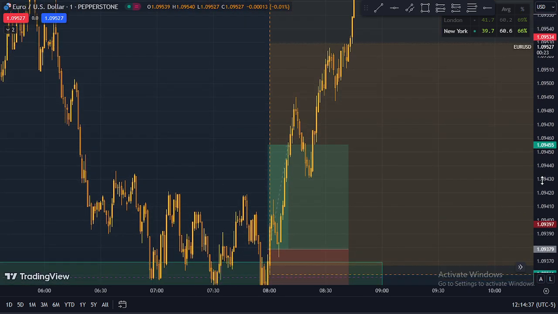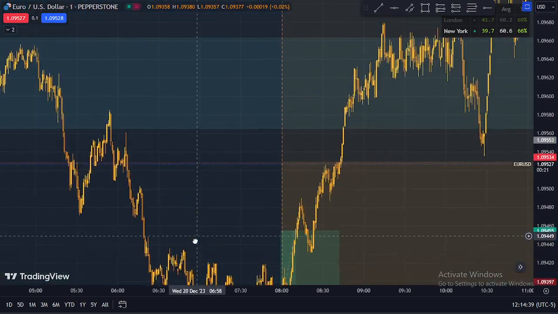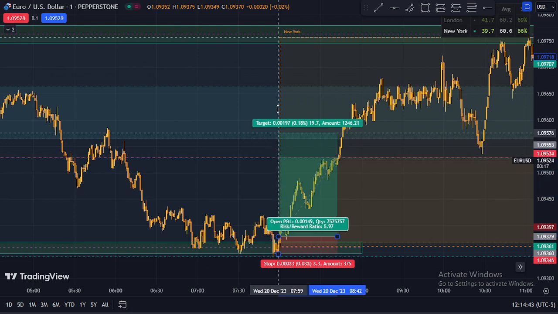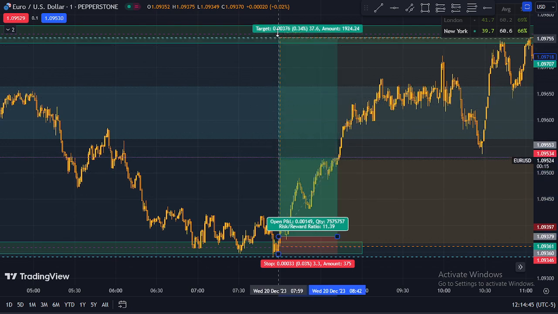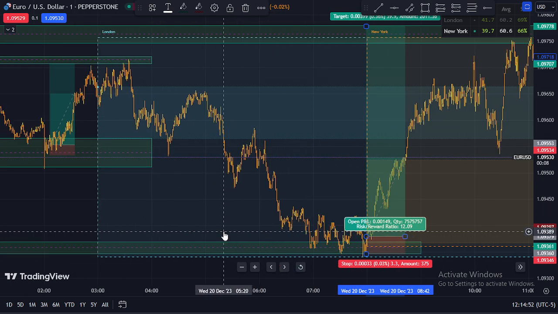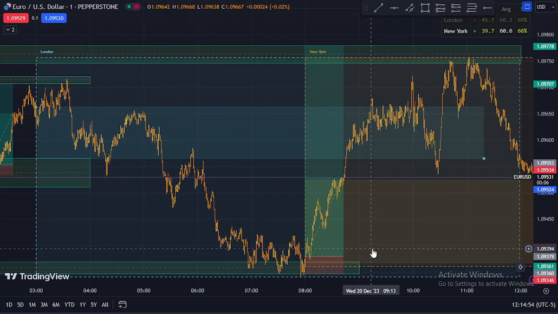What could you be aiming for? You're aiming for that inefficiency. So as you can see, that was a 12-hour trade. So that is how you backtest.